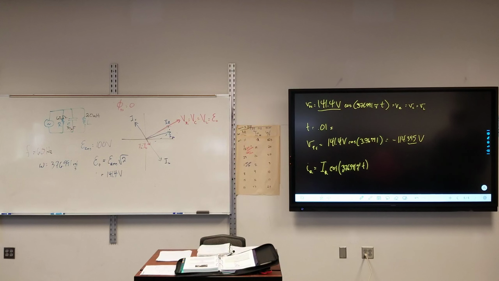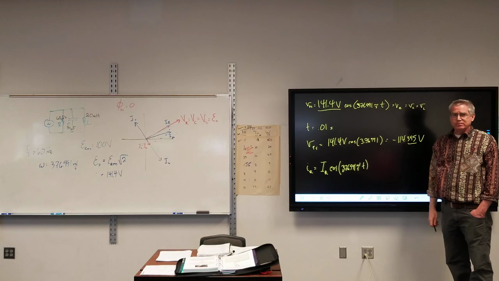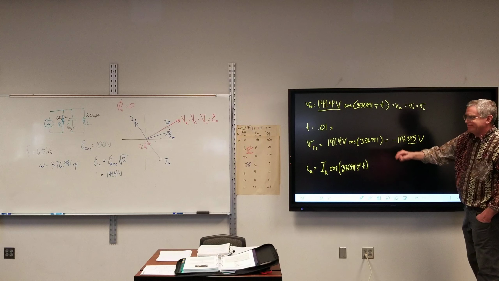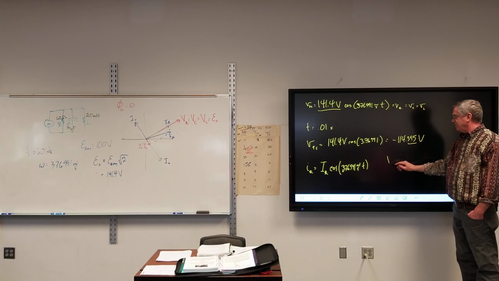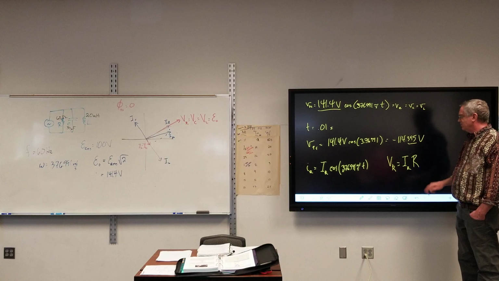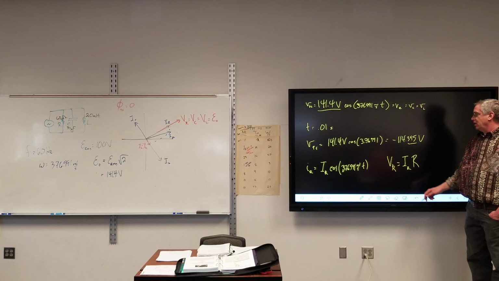The fact that it is in phase tells us that the phase angle is the same. Since the phase angle here is 0, the phase angle here is 0. We just have to figure out what big I_R is. I know that V_R is equal to I_R times R, our Ohm's law variation.